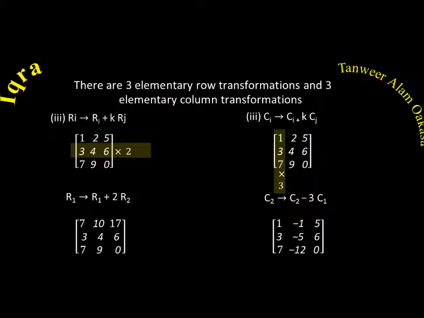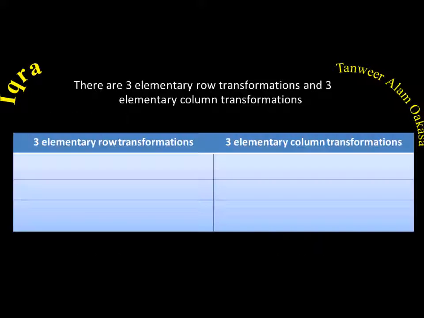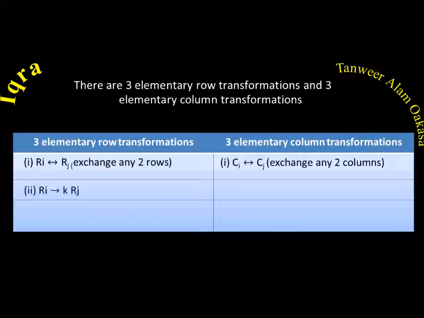Now using these elementary transformations, there are only 3, remember, only 3 transformations, and remember these particular transformations. We cannot have any extra transformations, only these 3. Using these 3 transformations, I can find the inverse, and I will show you the method to find the inverse. So let's revise the elementary transformations and try to remember. One transformation is that I can exchange any 2 rows and any 2 columns.